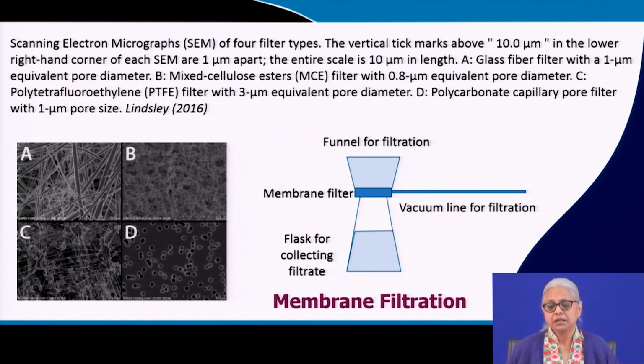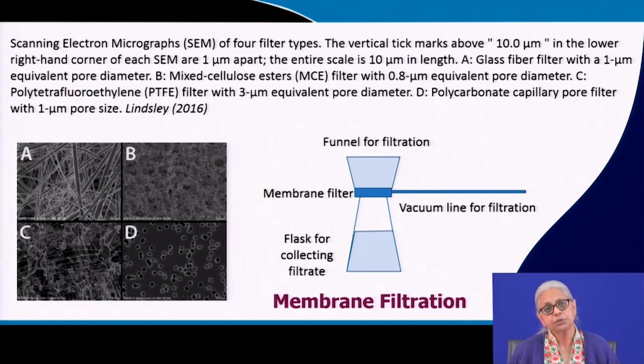Here are scanning electron micrographs of the different types of membrane filters that can be used. The first one is the glass fiber filter. This is very common. We have paper filters, asbestos fiber filters, and glass fiber filters.